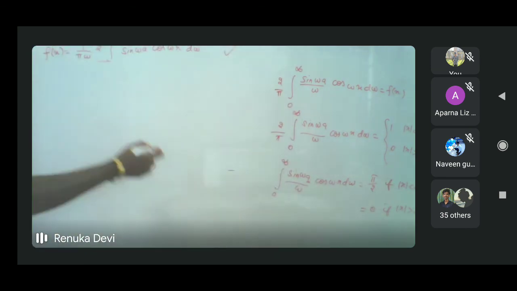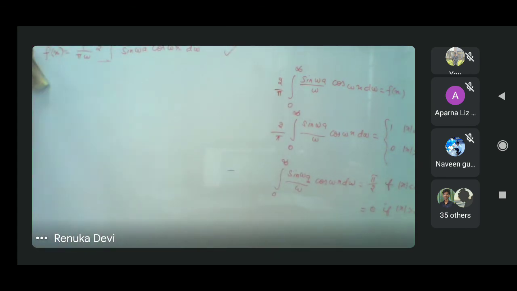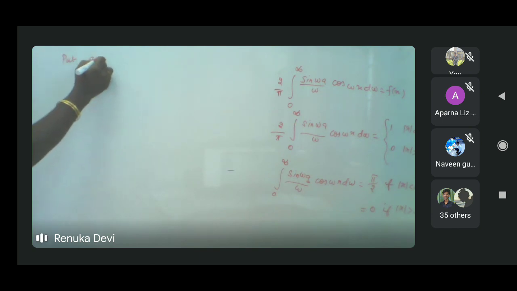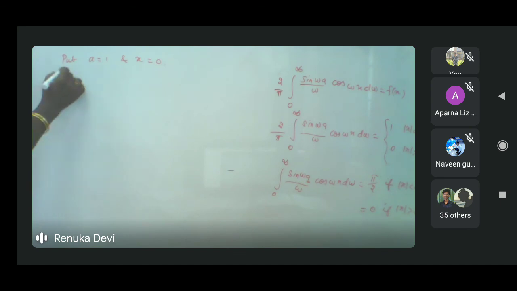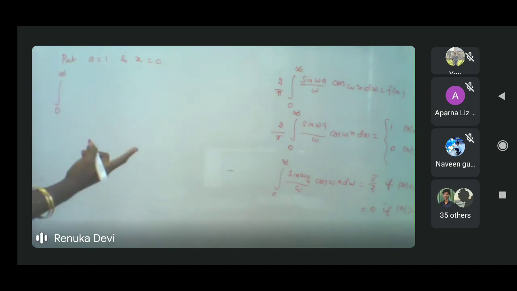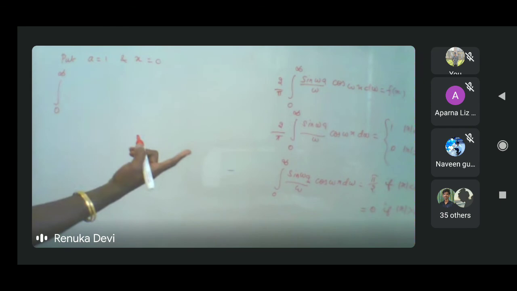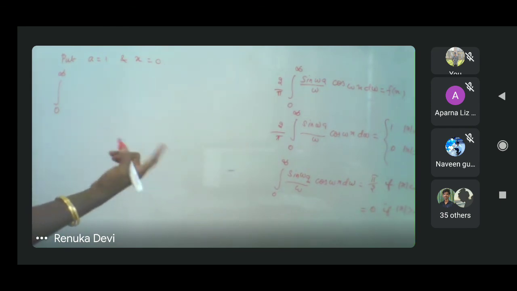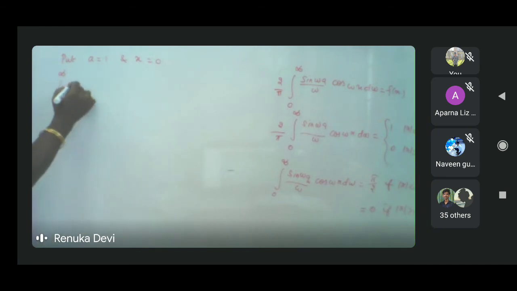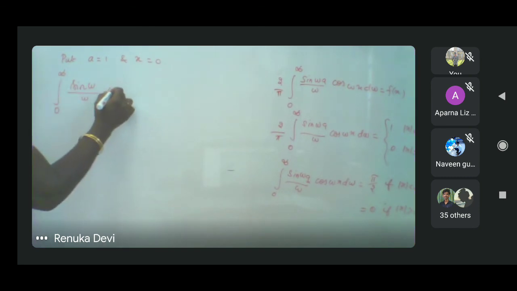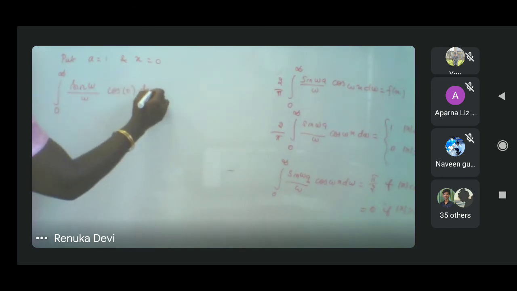So in this above step, you put a equal to 1 and x equal to 0. So what you get? Integral 0 to infinity, a equal to 1 and x is 0. Therefore, sin w by w, a equal to 1, cos of 0 into dw equal to pi by 2.